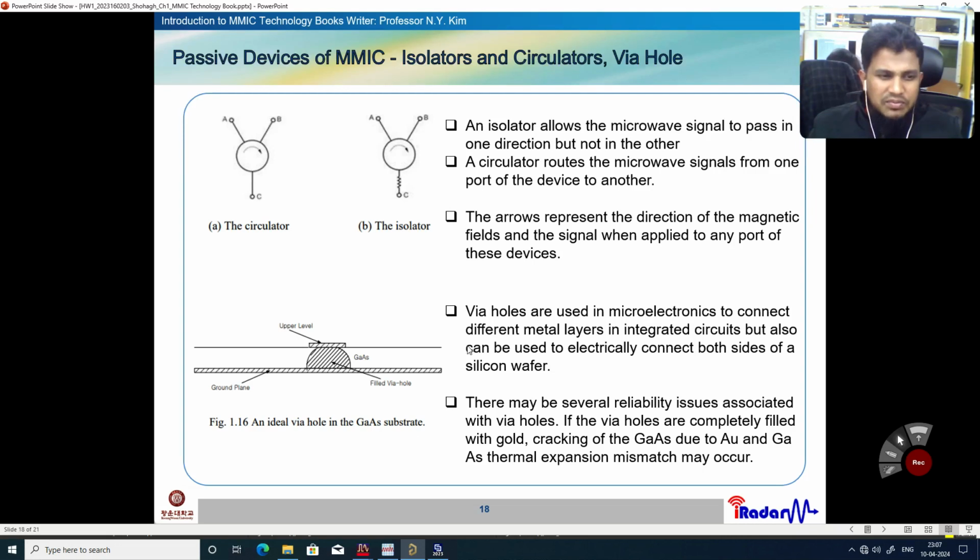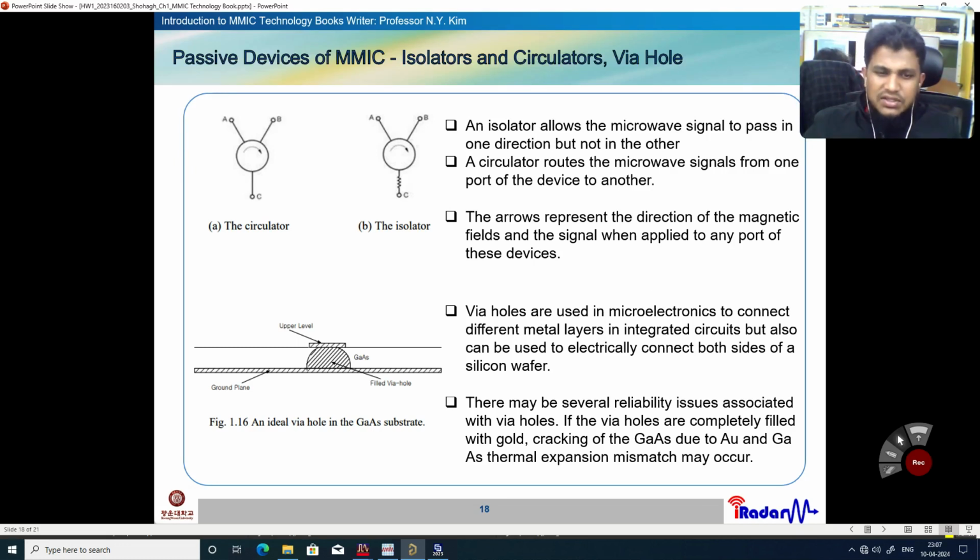Another important thing we use is the via hole. Vias play lots of roles in our MMIC circuit design, and we need to include vias in our designs. Via holes are used in microelectronics to connect between two different layers.